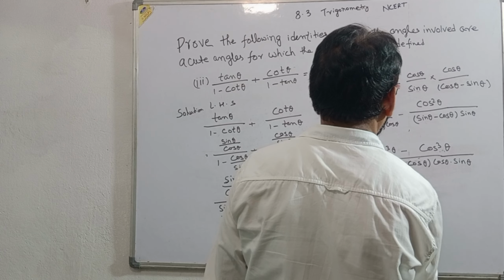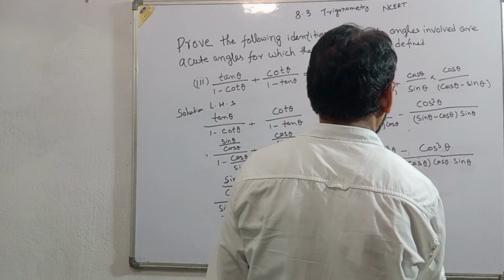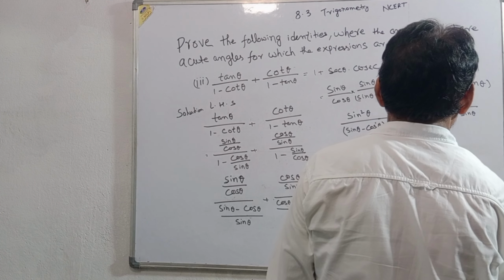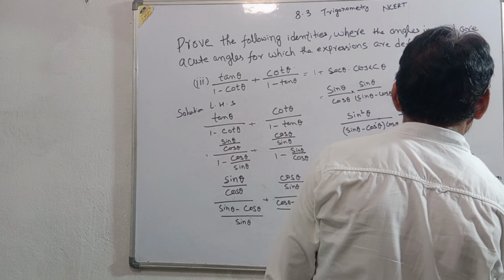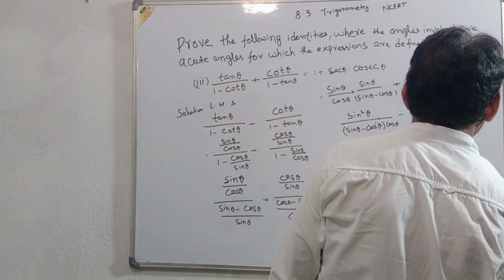Here sin square theta plus cos square theta plus sin theta into cos theta. Here sin theta minus cos theta, cos theta into sin theta.